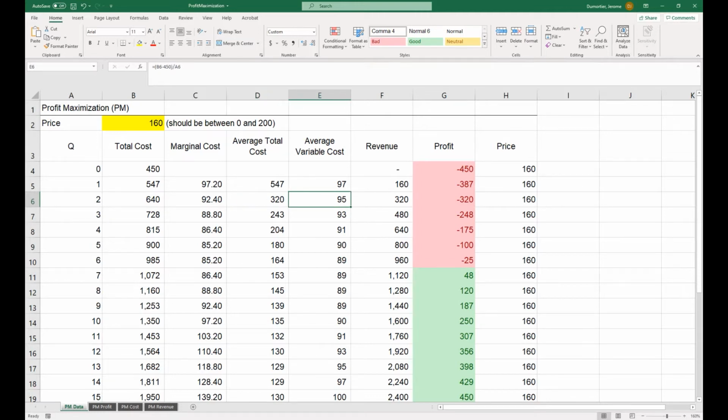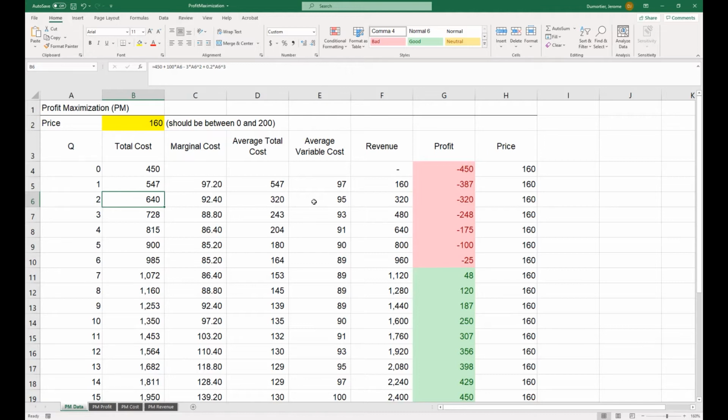The average variable cost, in this case, is only the variable cost part, in the sense that we have the total cost of 640, and $450 are the fixed cost.